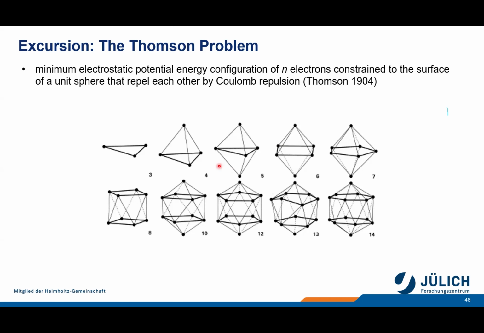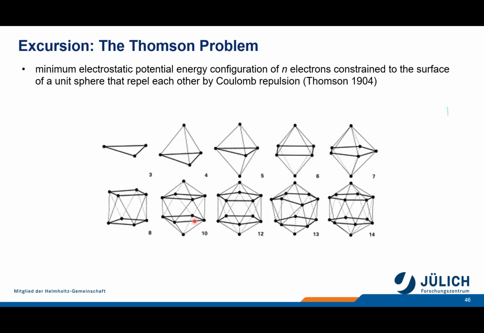So Thomson speculated that you would have a central atomic nucleus and 3 electrons, and because they would repel each other, the most stable lowest energy configuration would be an equilateral triangle. This would be the case 3. For 4 electrons, this would be a tetrahedron, this would be a bipyramid, and this octahedron would be the same thing if you would have 6.